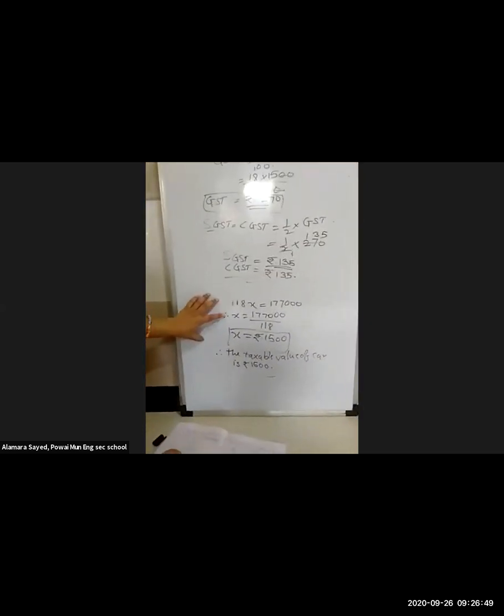Now any doubt, students? First we found the taxable value, X equal to 1500. Then we found the value of GST, as it is 18%, that is 18X upon 100, equal to 18 into 1500 upon 100.